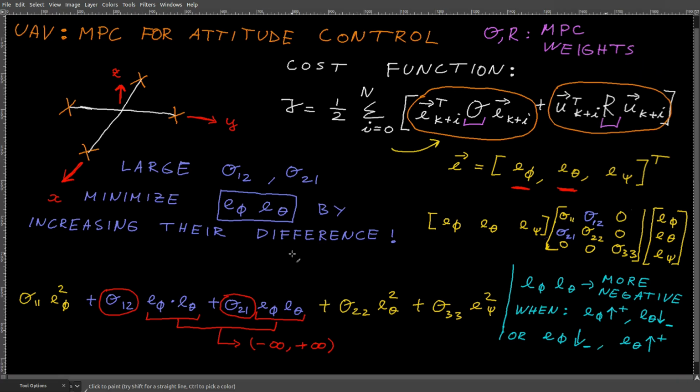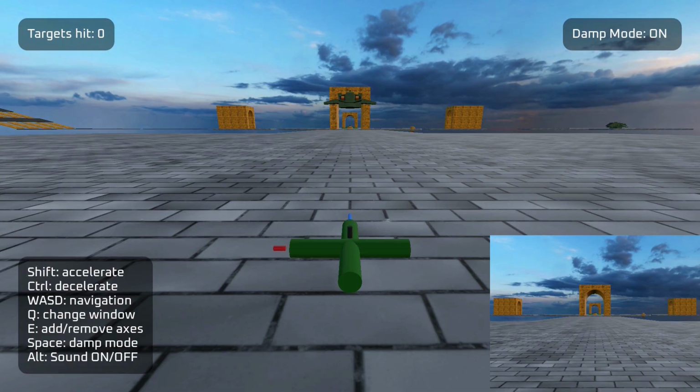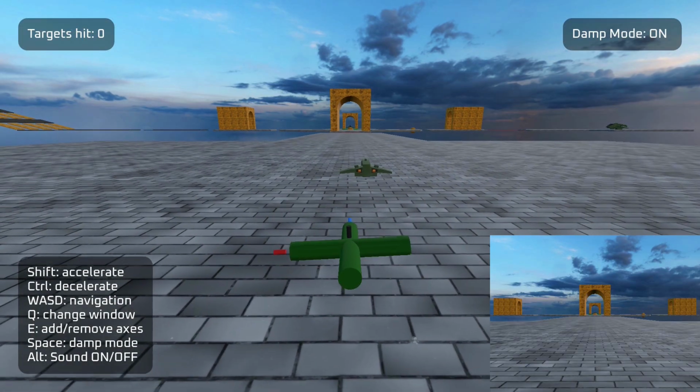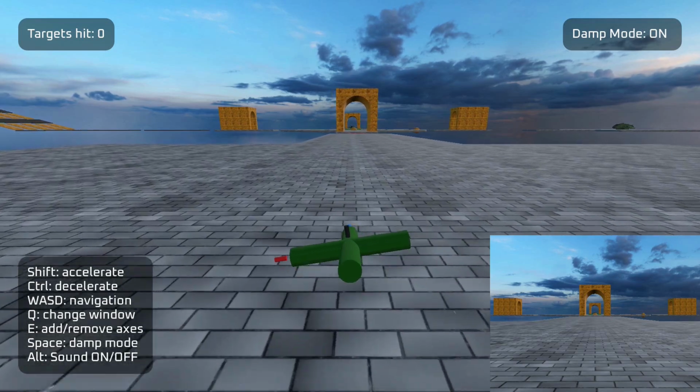Therefore, by assigning larger off-diagonal weights, you are not minimizing the errors. You are minimizing their products, which means that you are increasing their difference. You are making one error more positive and the other one more negative. And that is exactly what you see in the UAV simulation.